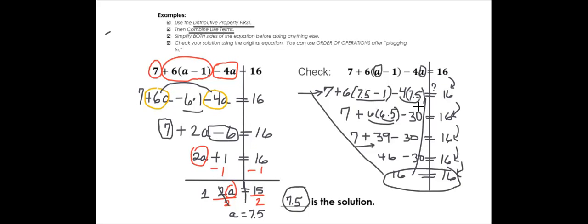And you use inverse operations on both sides of the equation to keep that balance in order to isolate your variable and get the solution on the other side. Once you have your solution, substitute it into the original equation, follow the order of operations to make sure that both sides of the equation come out to the same value, and then you know you've done it correctly.